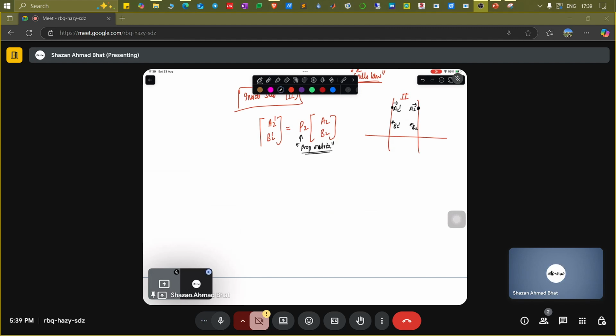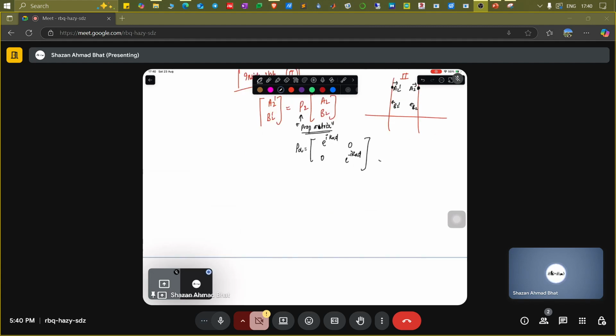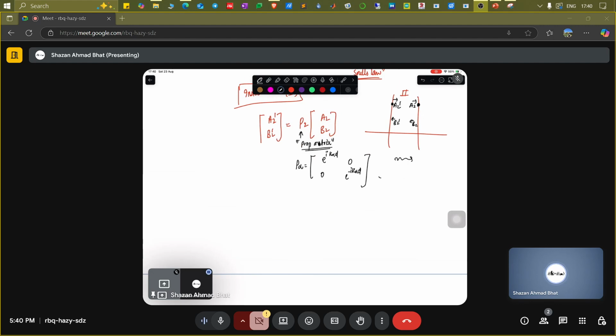Okay. And this propagation matrix you can write in general as e to the power i k alpha d, 0, 0, e to the power minus i k alpha d. That means the wave is going like this.